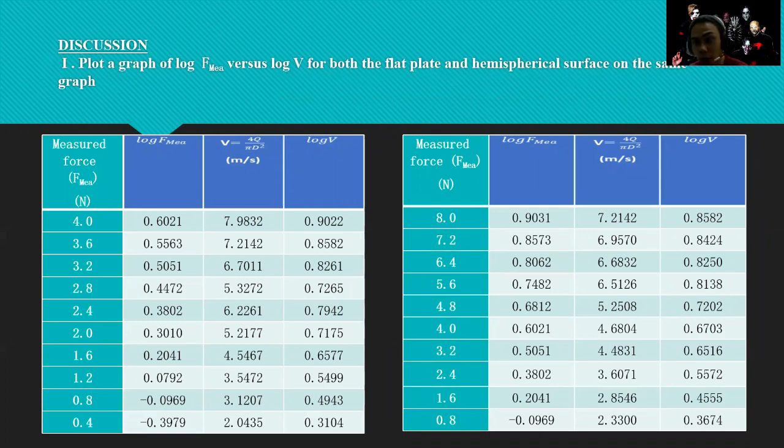First of all, we must plot a graph of log F versus log V for both the flat plate and hemispherical surface on the same graph. We calculate in the table using log F and log V, for the flat plate and for the hemispherical surface.